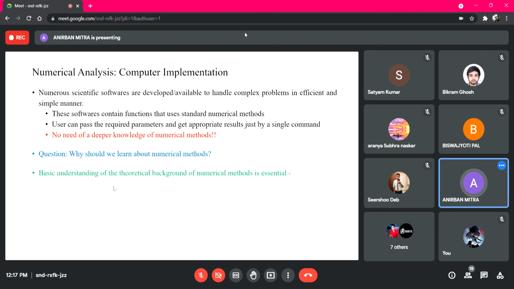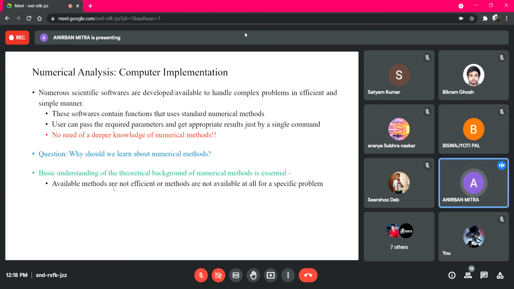For the basic understanding of theoretical background of numerical methods, first of all, available methods may not be that efficient. You may be working on a specific problem where such methods may not be available at all.